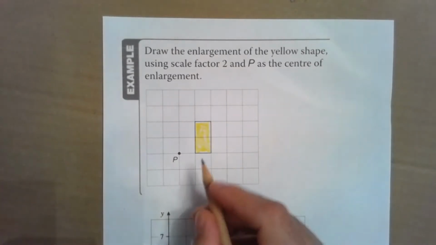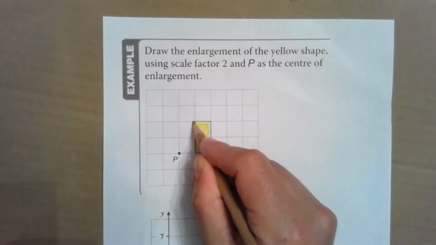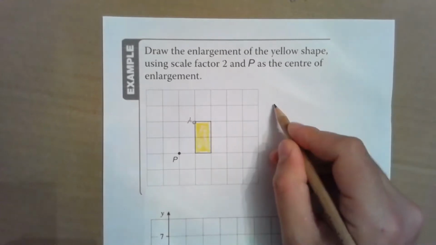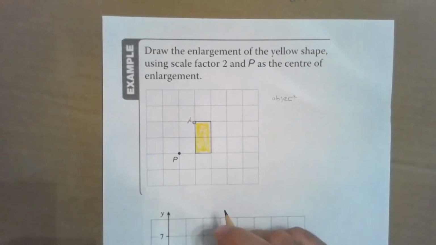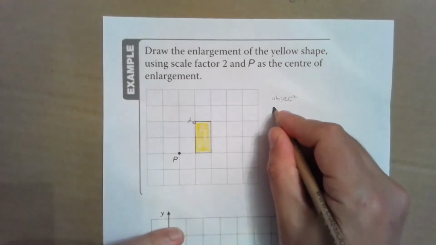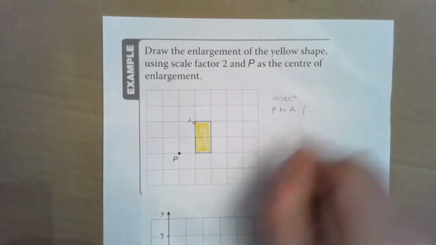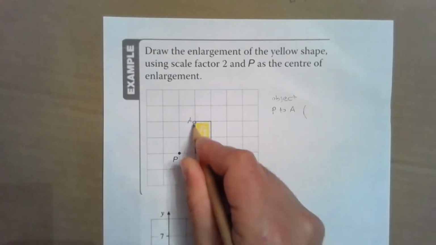Okay, so if you take a point, let's take this one. Currently, let's call that A in the object. We have to go from P to A, and it takes us 1 right and 2 up.